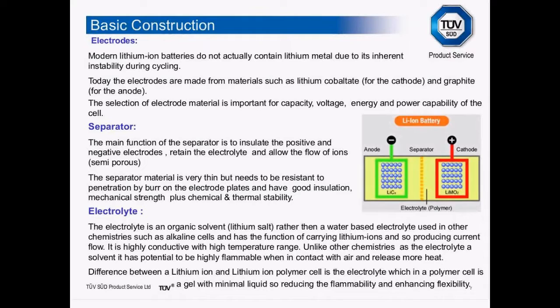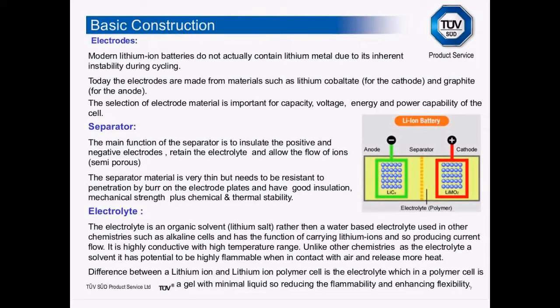Today, the electrodes are in fact made from materials such as lithium carbonate, which is for the cathode, and typically the anode would be made of graphite. The selection of the electrode material is important for capacity, so to maximise capacity, the voltage, energy and power capability of the cell. So it's a key selection point.